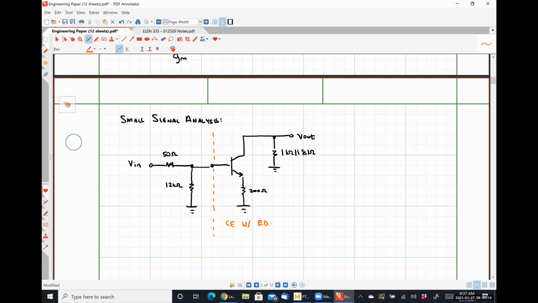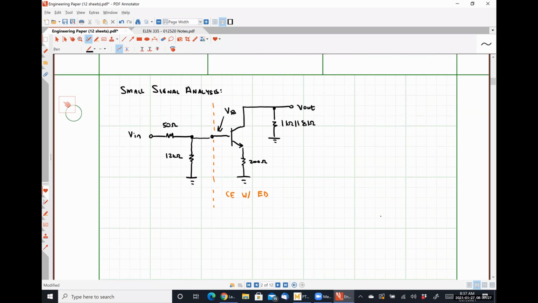So I know what the voltage gain of that right-hand stage is pretty easily, right? So I'm going to call this voltage right here VB. On the left-hand side, I have a simple voltage divider circuit, so I can figure out what the gain of that stage is fairly easily.